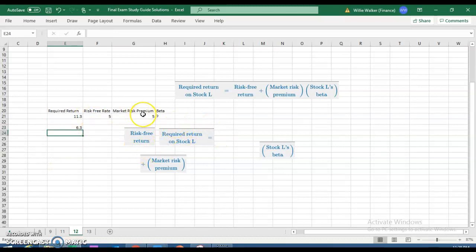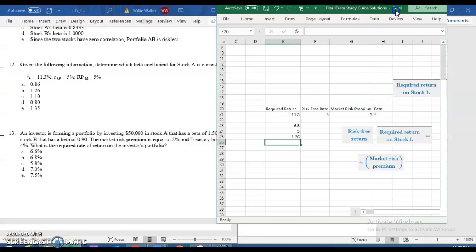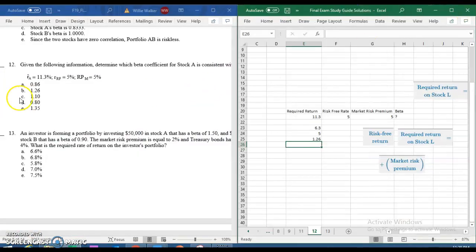Then we can divide by the market risk premium. So if we divide that, that leaves us with a beta of 1.26, which corresponds with our answer choice B.